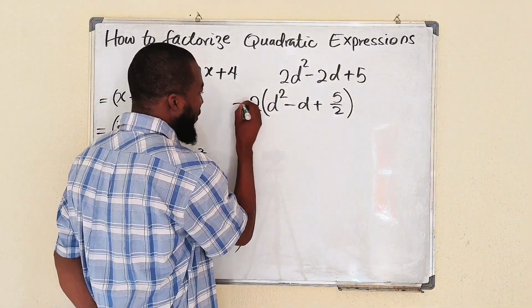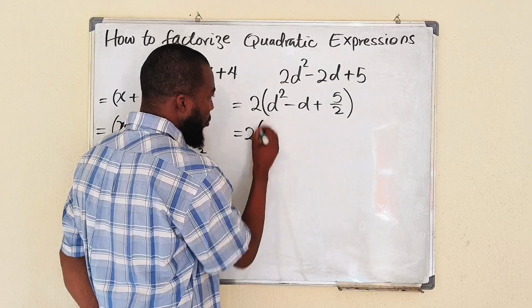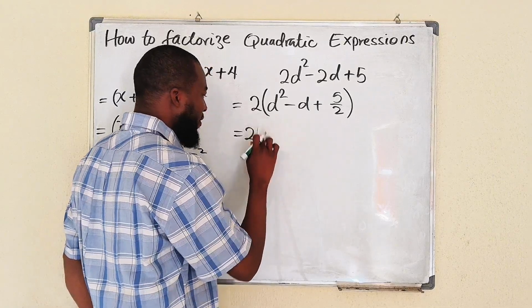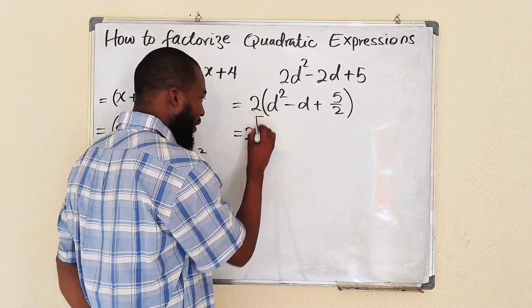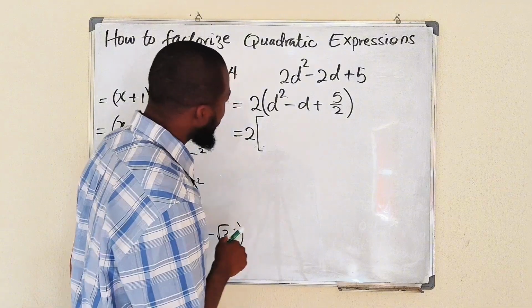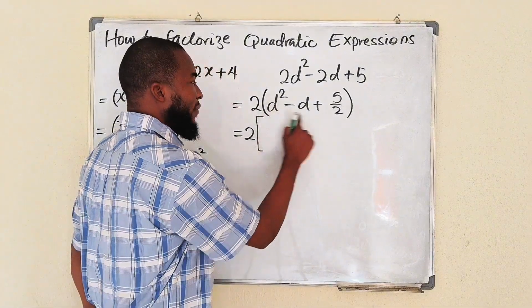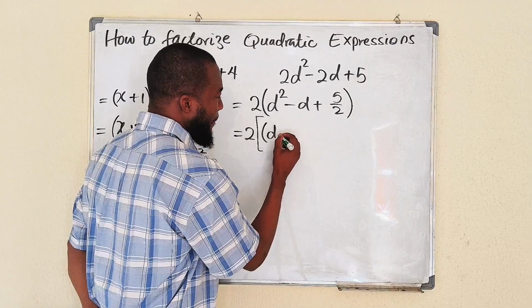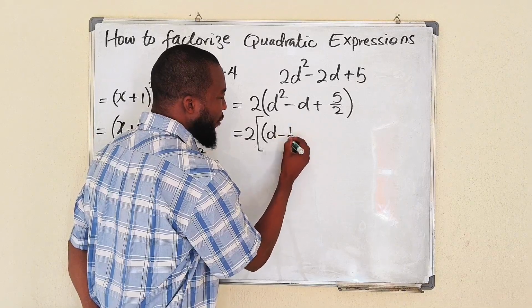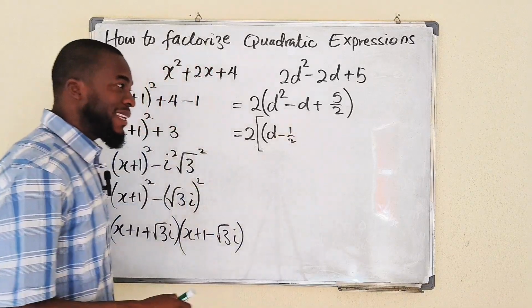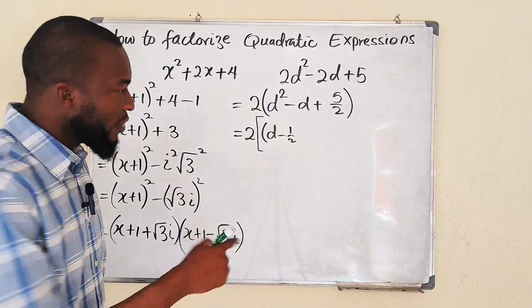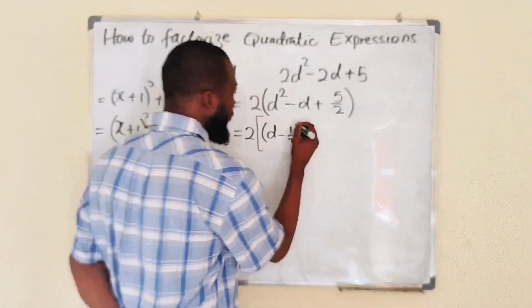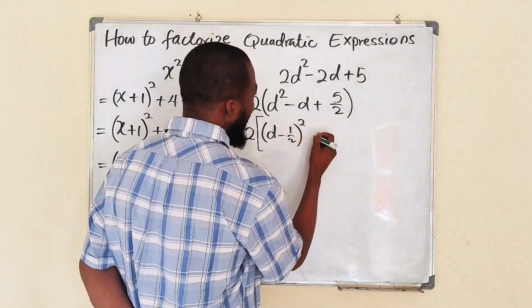So we have 2 multiplied by, let me use this square bracket. For these first 2 terms, I'm going to take d, then minus 1 over 2, because the coefficient of d is minus 1. If you divide it by 2, you have minus 1/2. So we're going to square this.